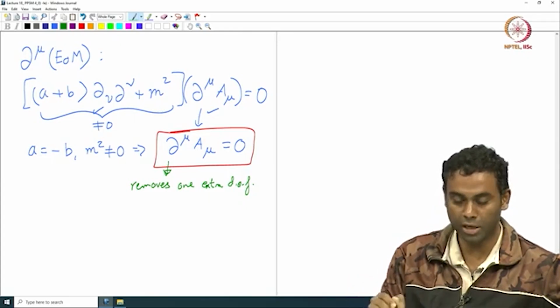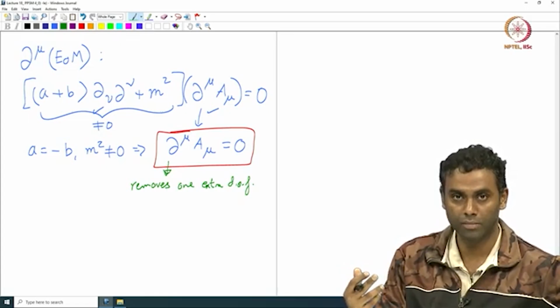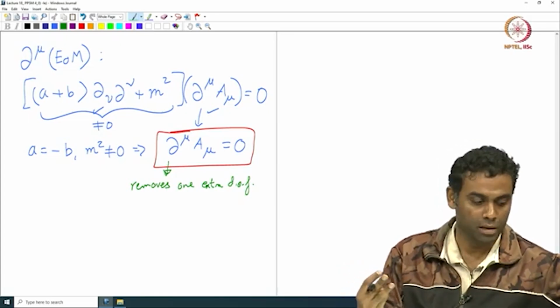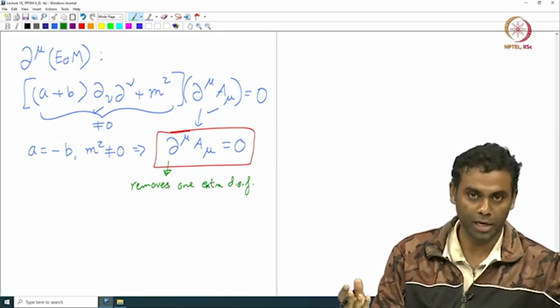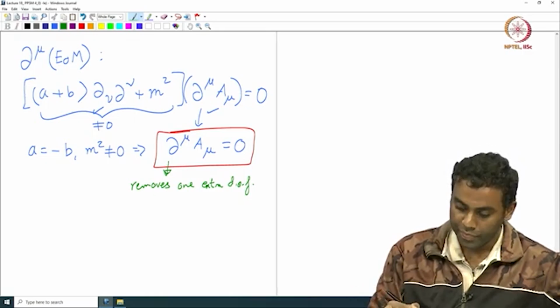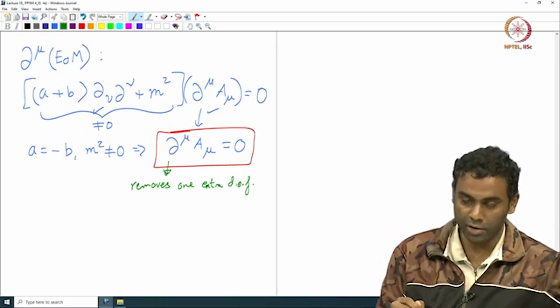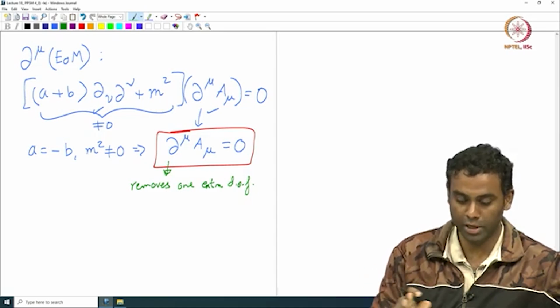And if I have a condition like this, it means that I can always choose A1, A2, A3, A4 such that as long as I satisfy this condition, I have removed 1 degree of freedom. And there are only 3 now left in the propagating field, correct.